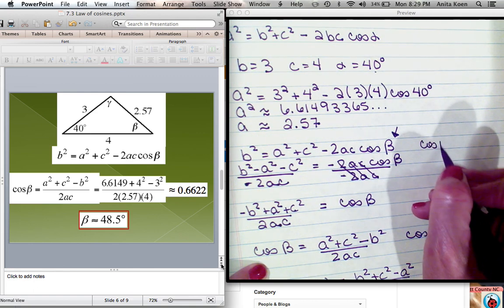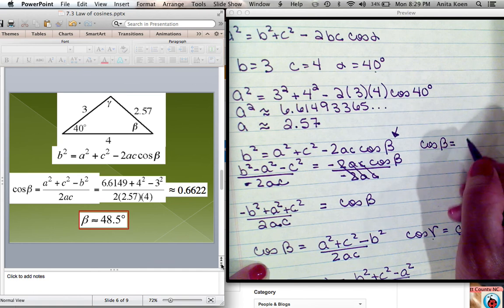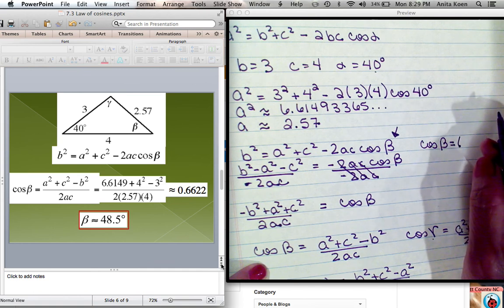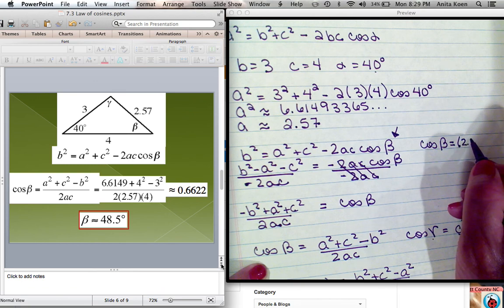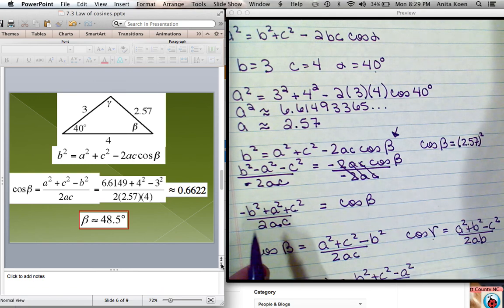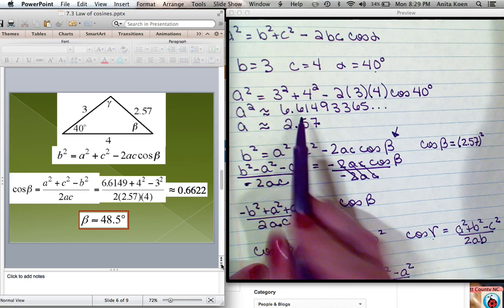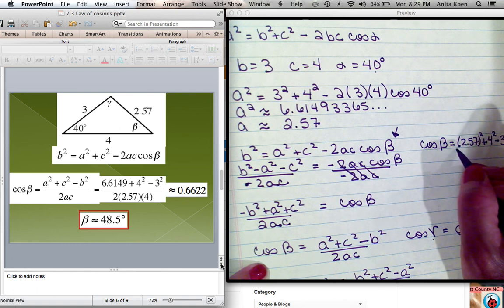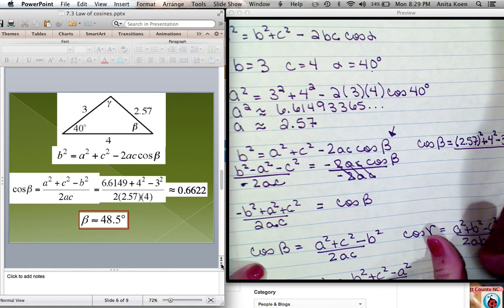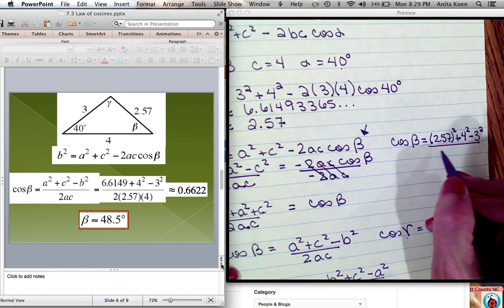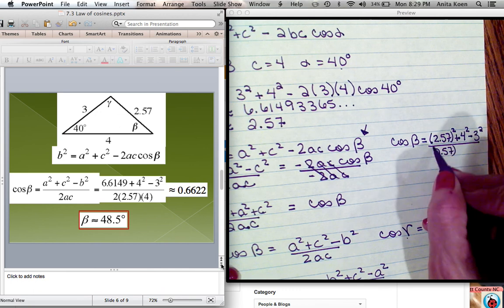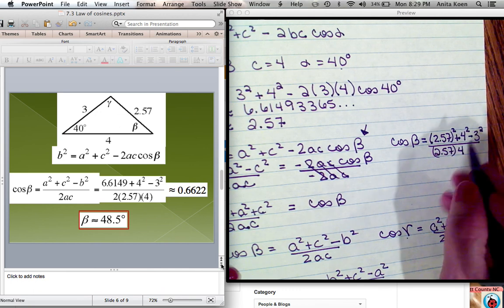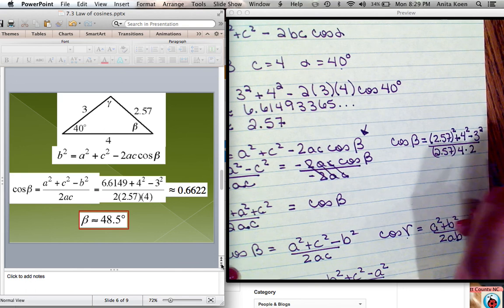So the cosine of beta is going to equal a squared, which is 2.57 squared, which we already know what that is because we found it earlier, plus c squared, which in this case is 4, minus b squared, which in this case is 3 squared, over 2.57 times 4 times the 2. So 2ac.